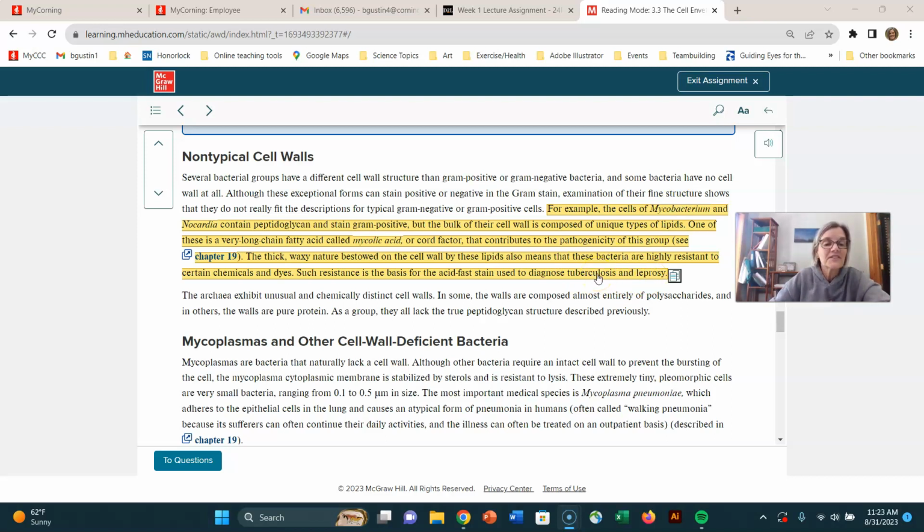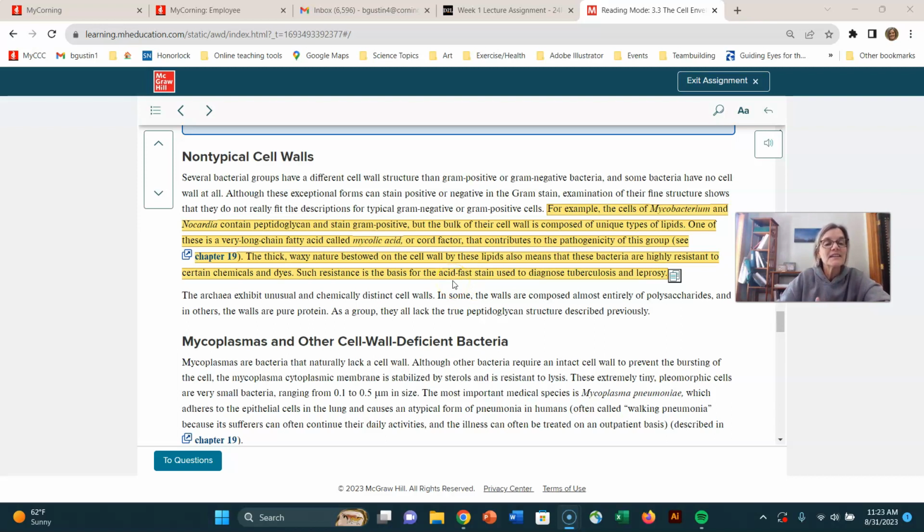I know all the nurses have to get TB tests to see if you've been exposed to it. It's really contagious. It's a respiratory disease. Well, mostly respiratory disease, but it's in the genus Mycobacterium. And it turns out that Mycobacteria don't have a gram-positive or gram-negative wall. They have this wall that we call acid-fast, and it's kind of waxy.